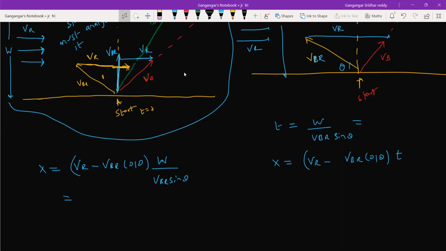Some information: VBR is equal to VR by root 2. The data is given. The speed of the boat is available for us, so VBR is VR by root 2.